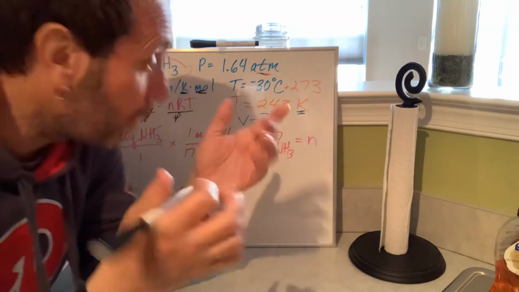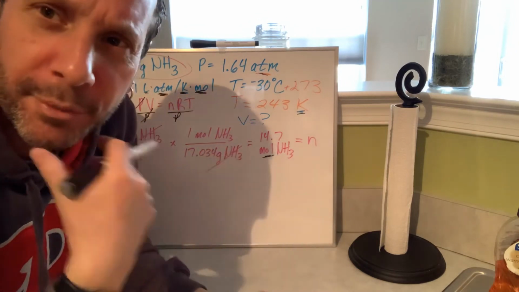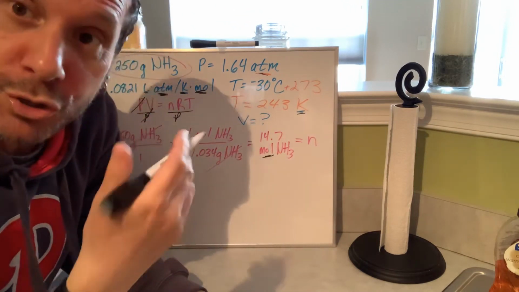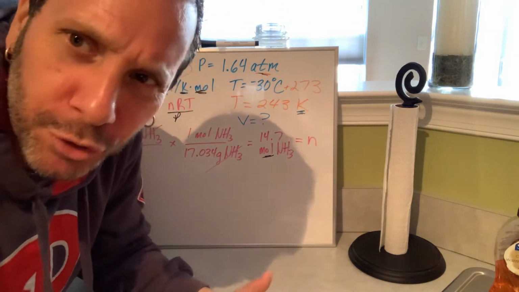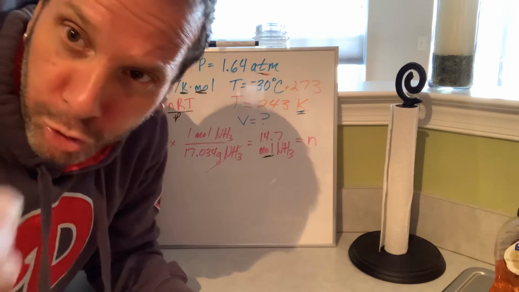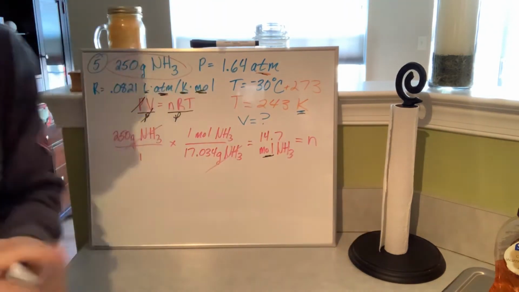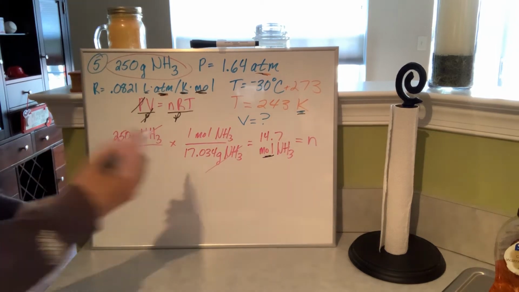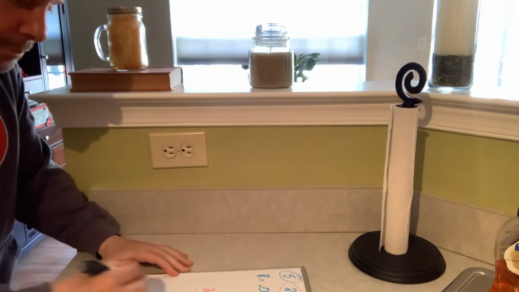I might plug it in as the original equation and divide, because that shows you how some of the units cancel. Or I might just rearrange the equation and then plug all the numbers in. I don't care how you do it as long as you get the right answer. You know me, I'm not a stickler for you've got to do it my way. I don't do that. Okay, so let's do V is equal to N times R times T divided by P.